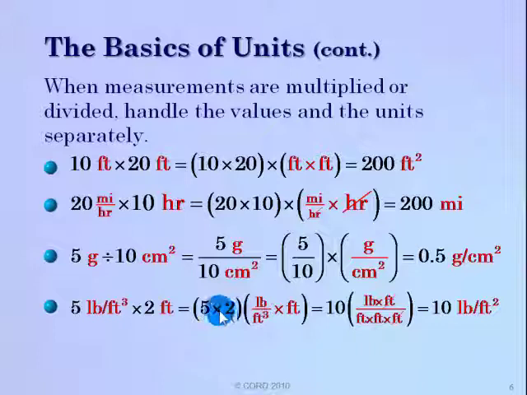We separate out the values and the units. 5 times 2 is 10, and we have the units pounds per foot cubed. We separate out the foot times foot times foot, and the foot in the numerator and one of the feet in the denominator will cancel, leaving us with pounds per foot squared as the units that remain.